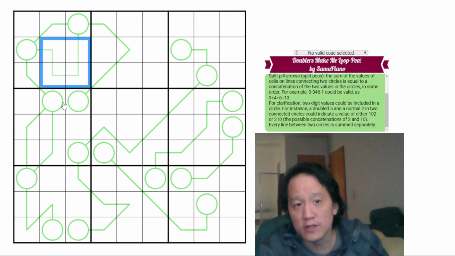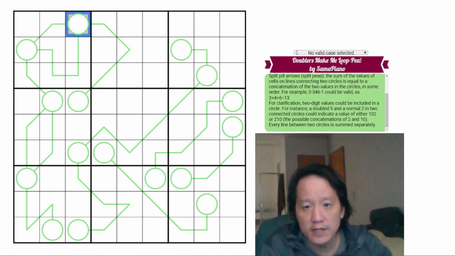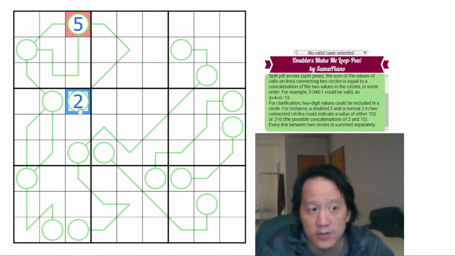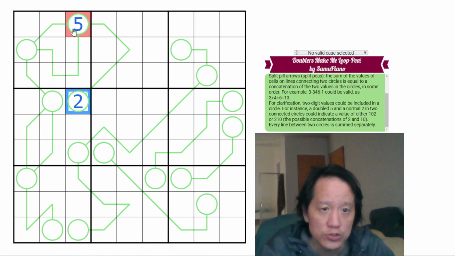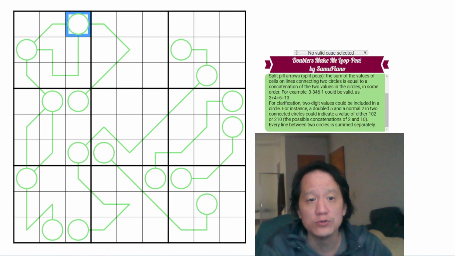And specifically, if you have a doubled value, so say this was doubled, and say this was a 5 and this was a 2, the concatenated circles would be either 102, which is 10 and 2 concatenated together, or it's 210 because it would be 2 and then 10 concatenated together. And those are all the rules.